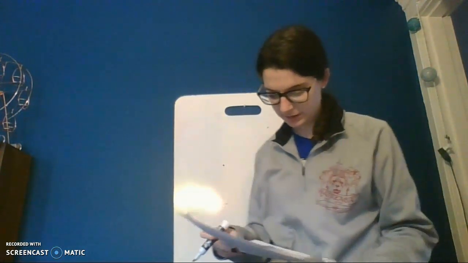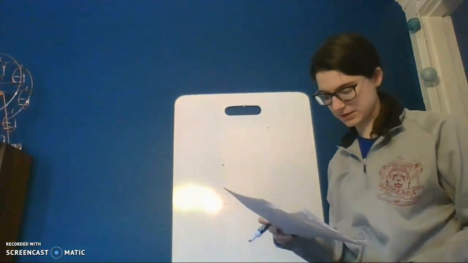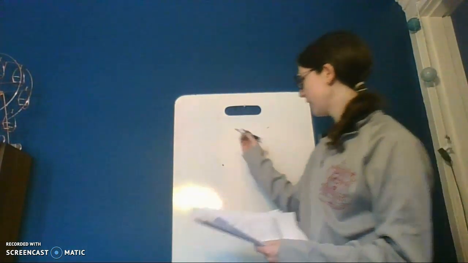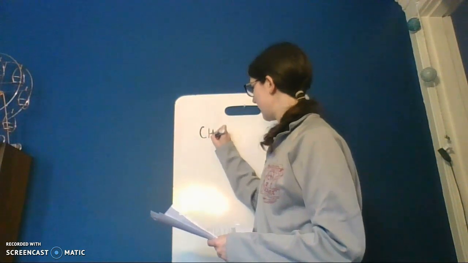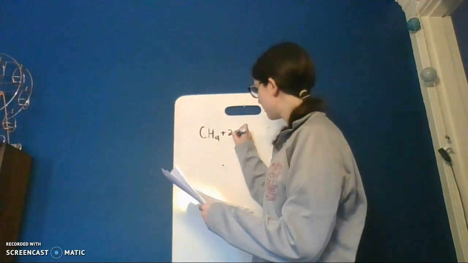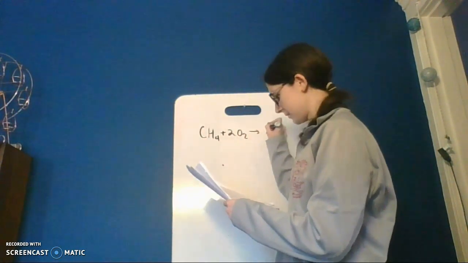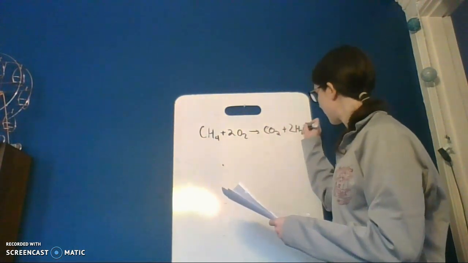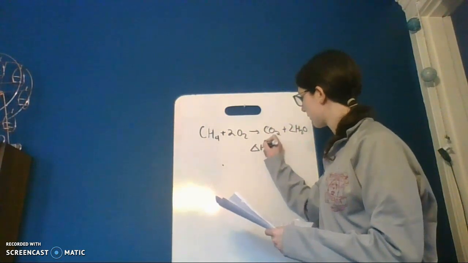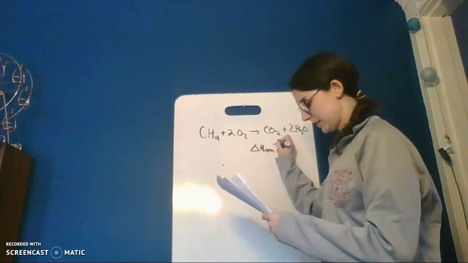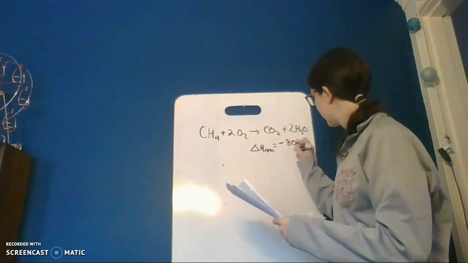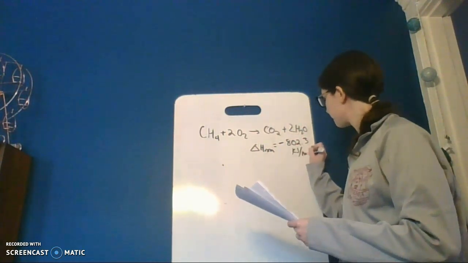Okay, so number 6: how much heat is released when 24.8 grams of methane is burned in excess oxygen gas to produce carbon dioxide and water? And we're given this equation, CH4 plus 2O2 yields CO2 plus 2H2O, and our enthalpy of the reaction is equal to negative 802.3 kilojoules per mole.